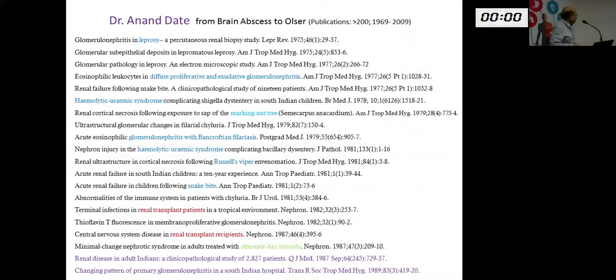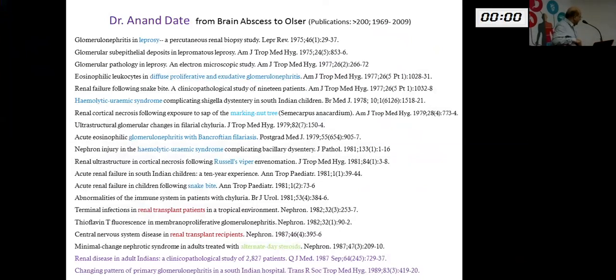Then on to filarial chyluria, hemolytic uremic syndrome, snake bite, renal transplant, terminal infections. This paper is quoted multiple times in NEJM onwards in multiple journals. And subsequently, many more transplant papers. Alternate steroids, almost bordering on clinical work.